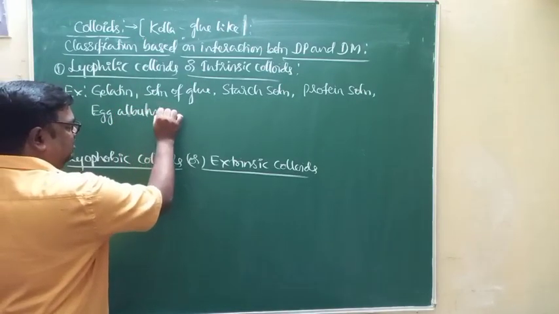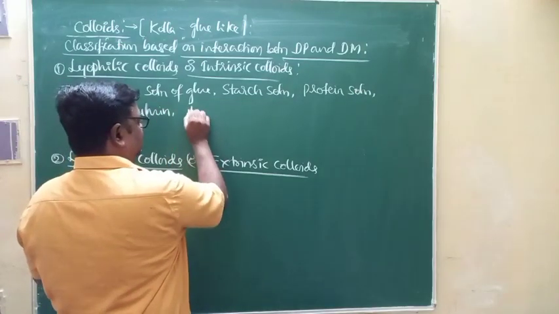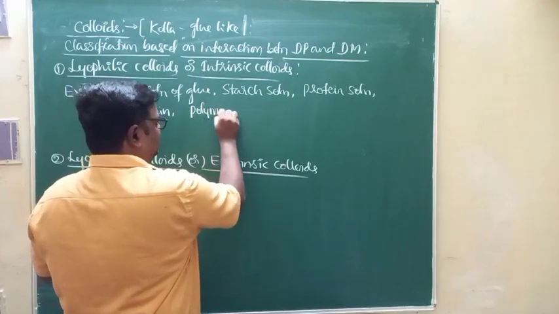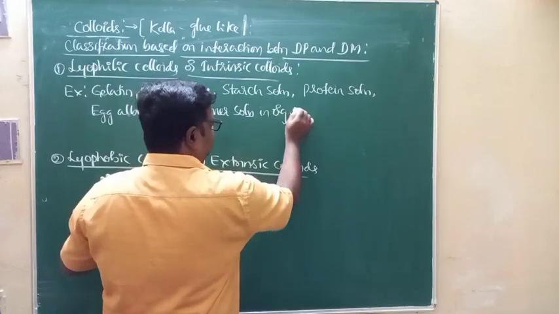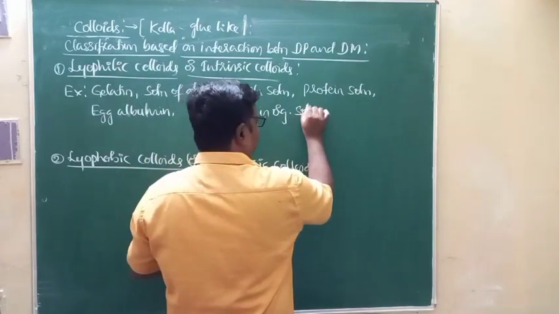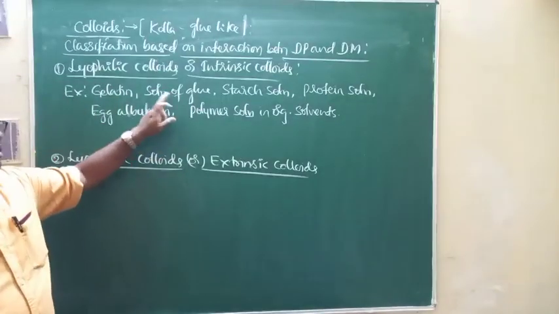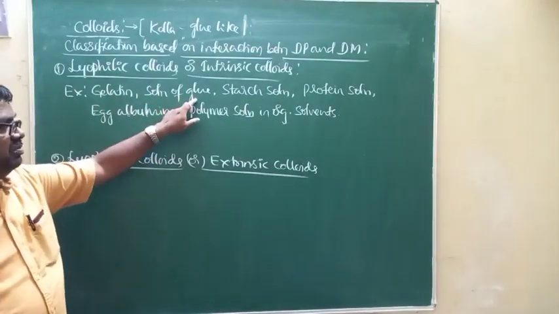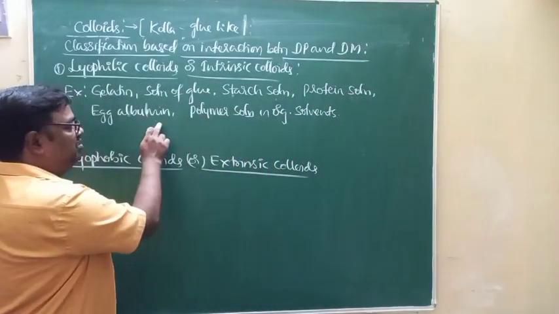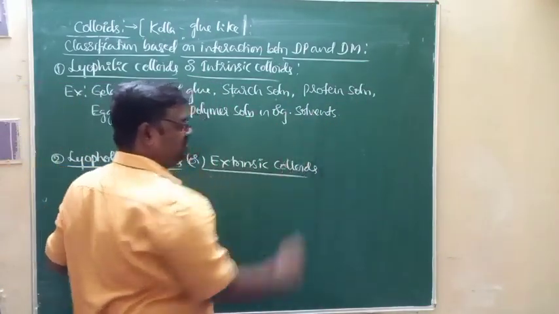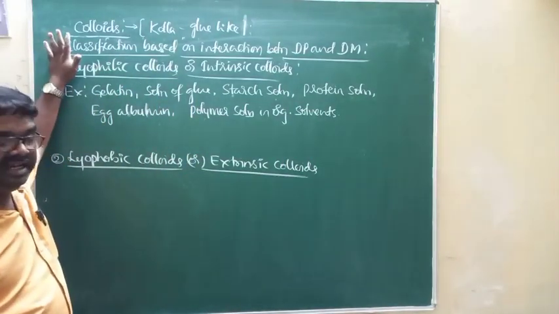Egg albumin is one more example for lyophilic colloid. Or you can say polymer solutions in organic solvents. So gelatin, solution of glue, solution of gum, starch solution, protein solution, egg albumin, polymer solutions in organic solvents: these are all the examples of lyophilic colloids.